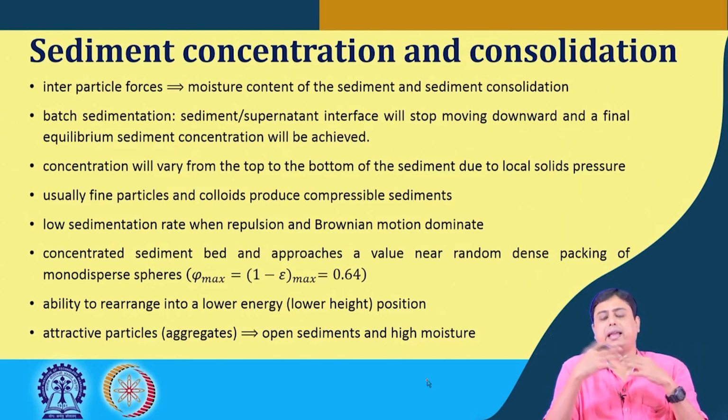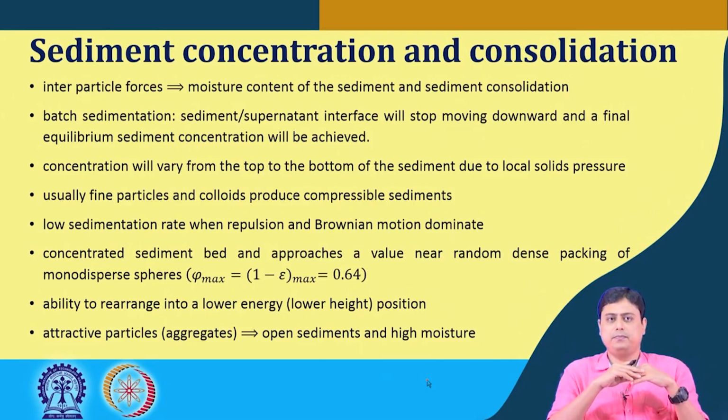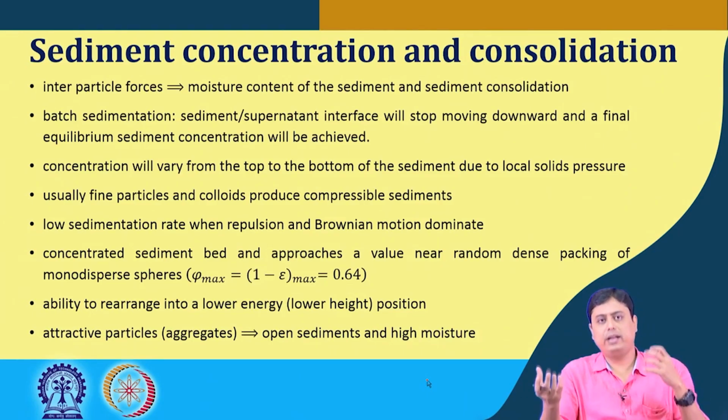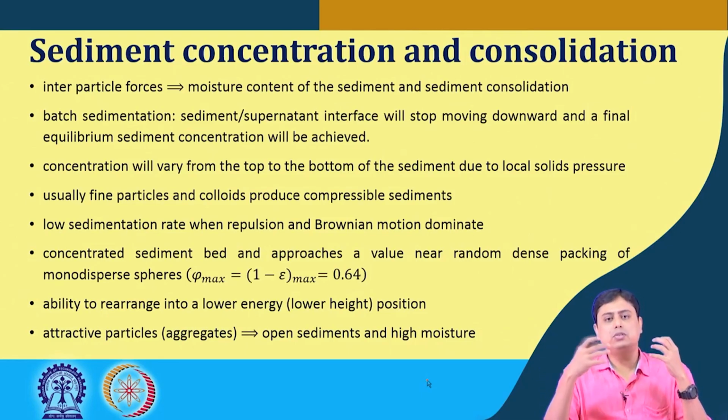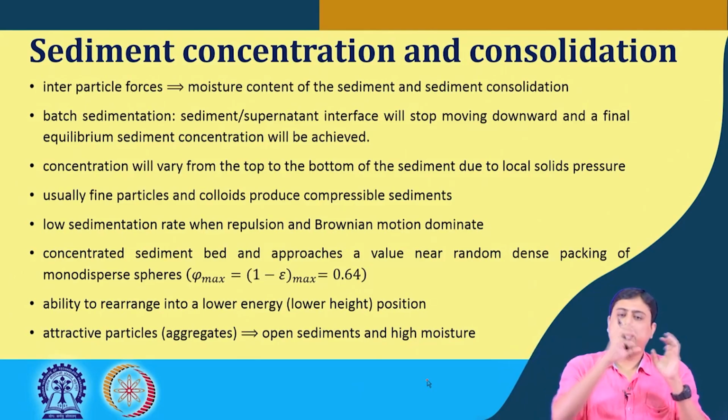It is the maximum packing limit that it can achieve if these particles are repulsive in nature, because they have the ability to rearrange into a lower energy state than the attractive particles, which form aggregates very quickly, and as a consequence form open sediments. That means again the aggregates will contain more and more moisture or liquid inside.